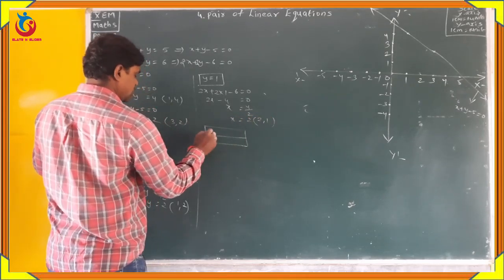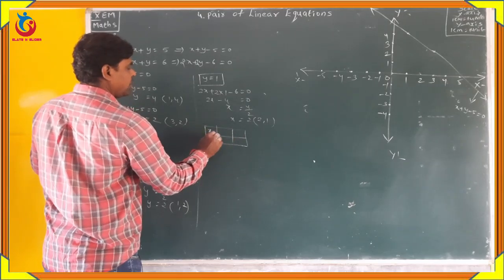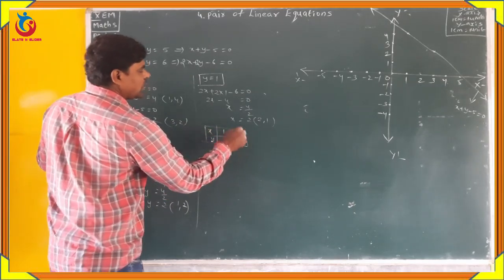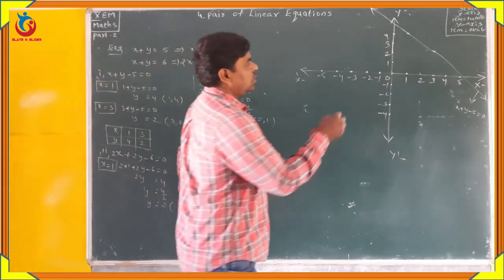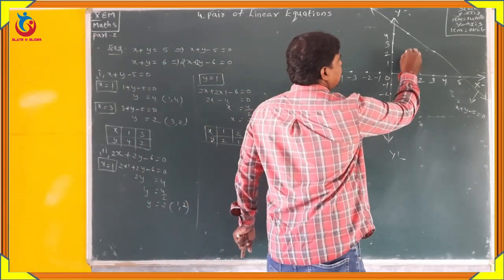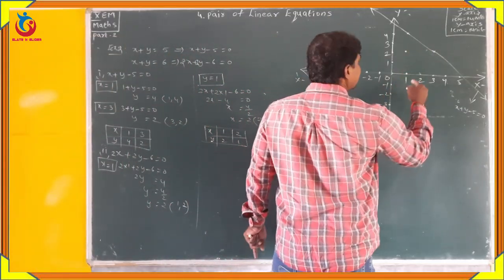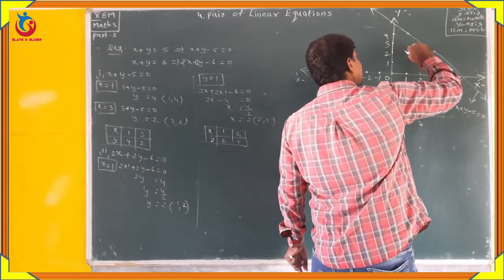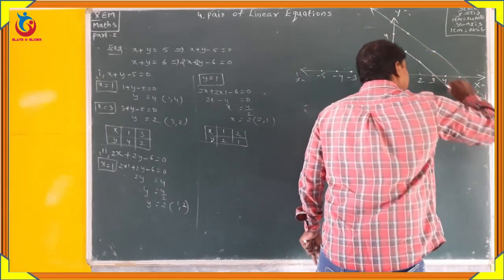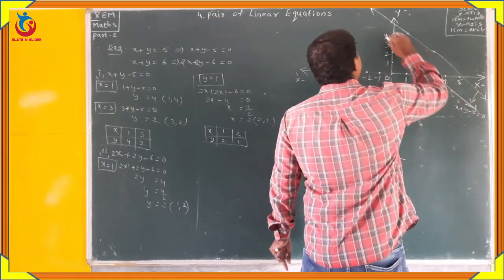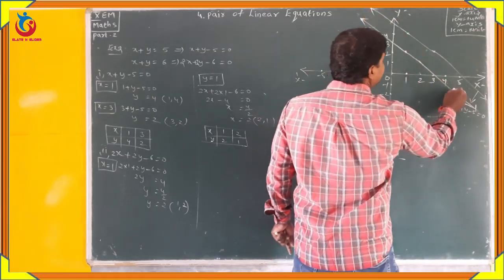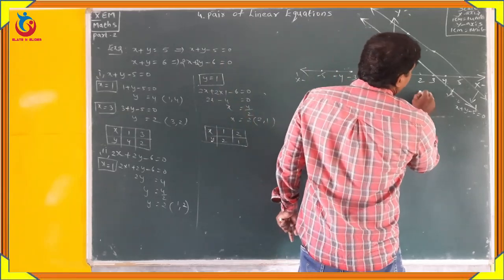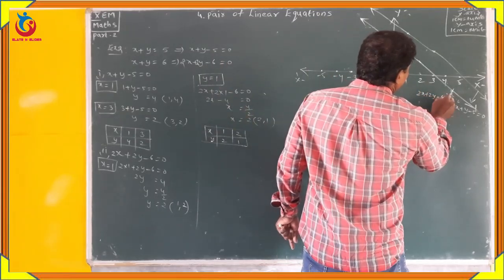Then draw the graph with x, y, this is 1, 2 and this is 2, 1. Join these two and produce. So this equation is 2x plus 2y minus 6 is equal to 0.